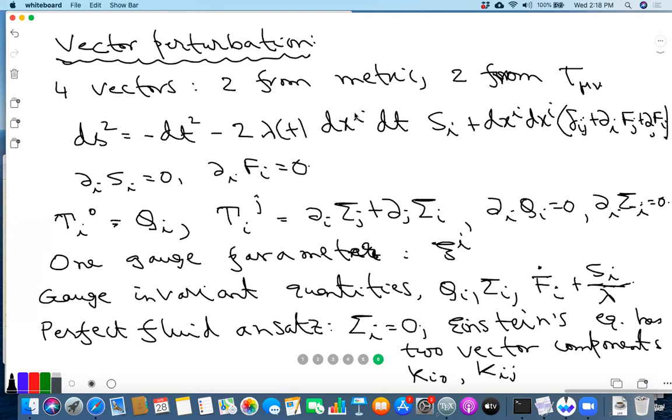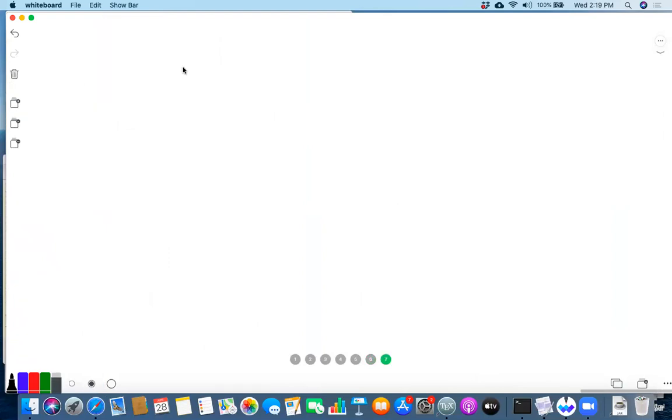If you go back and see the counting, we have really 3 gauge invariant quantities. This reduces it to 2, and then Einstein's equation gives you two equations, Ki0 and Kij. Okay, thank you. So let me write down the equations.